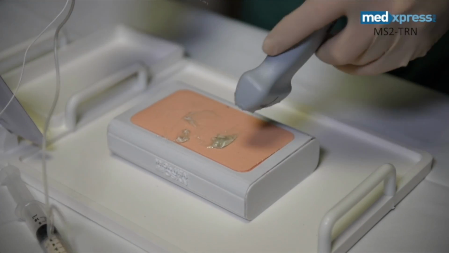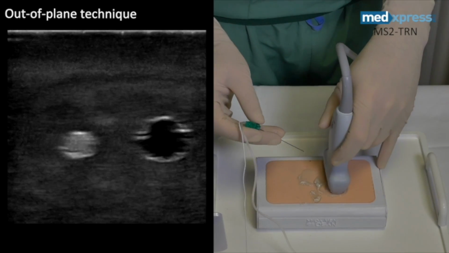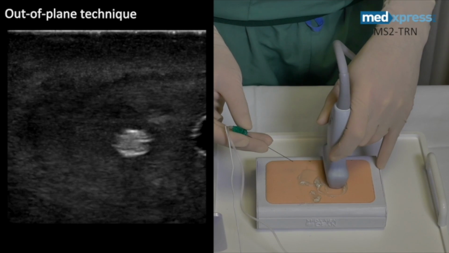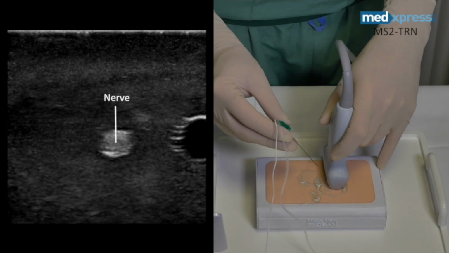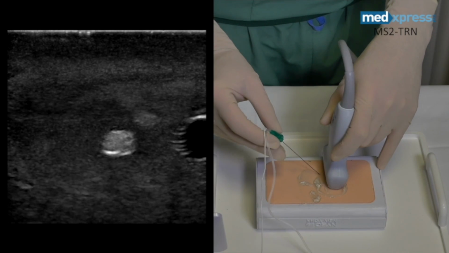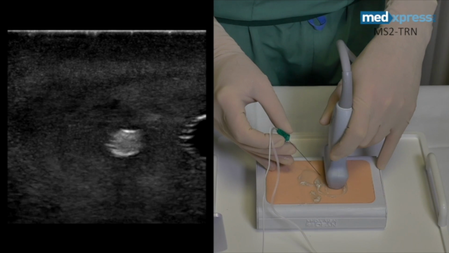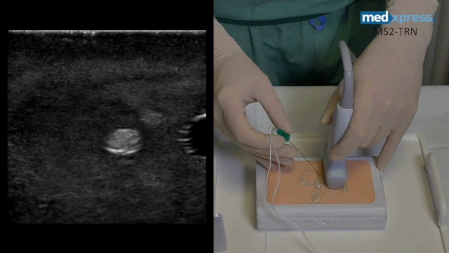Likewise, the nerve can also be reached with an out-of-plane technique. We begin by positioning our view of the nerve in the middle of the ultrasound screen. The needle is inserted maybe a centimeter away from the ultrasound transducer and passed through until the needle meets the ultrasound beam.